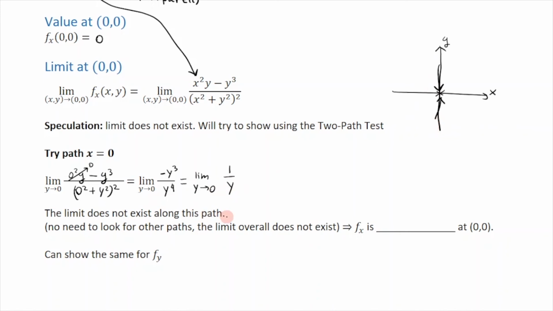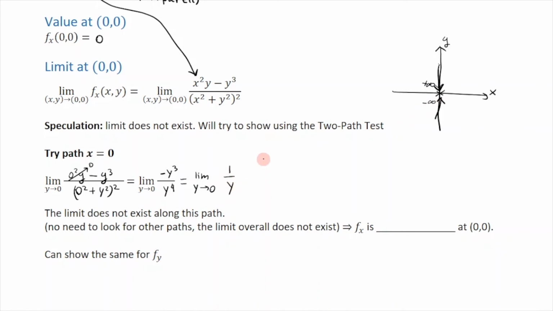That's one way of thinking of it. Another way of thinking of it is that the limit as we approach from this side is going to be plus infinity, and the limit as we approach from the negative side is going to be negative infinity, because that's what happens when y becomes an extremely small negative number.